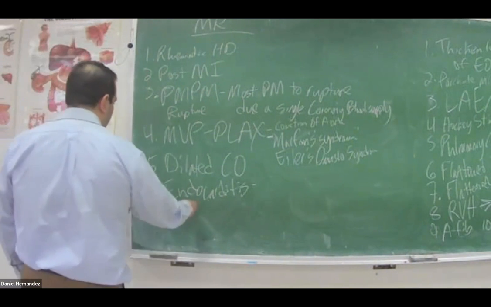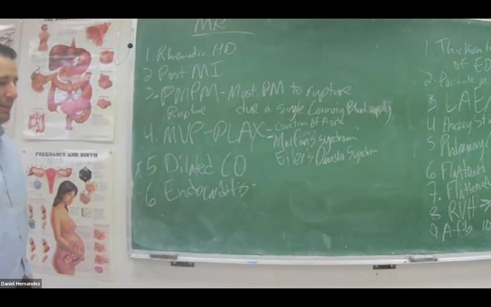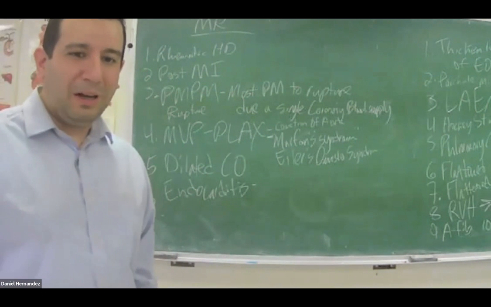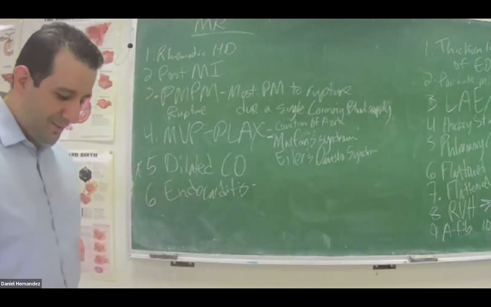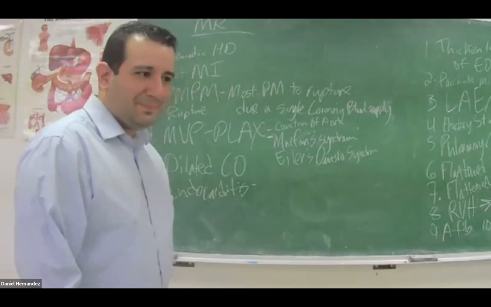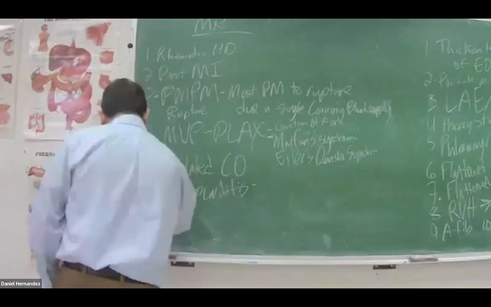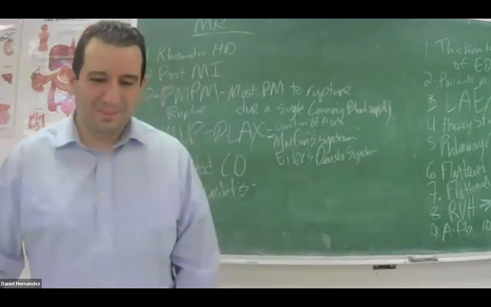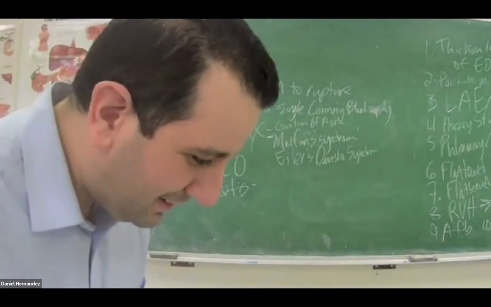So if we have dilated cardiomyopathy, what about any of the other cardiomyopathies that could potentially cause MR? Would hypertrophic cardiomyopathy be one? Why? Is it the SAM? Yes, very good.